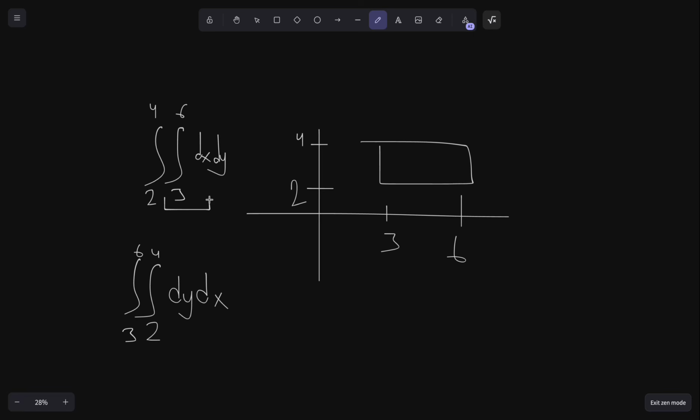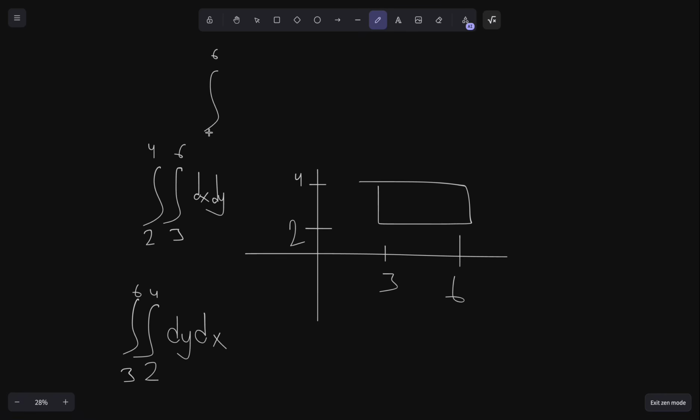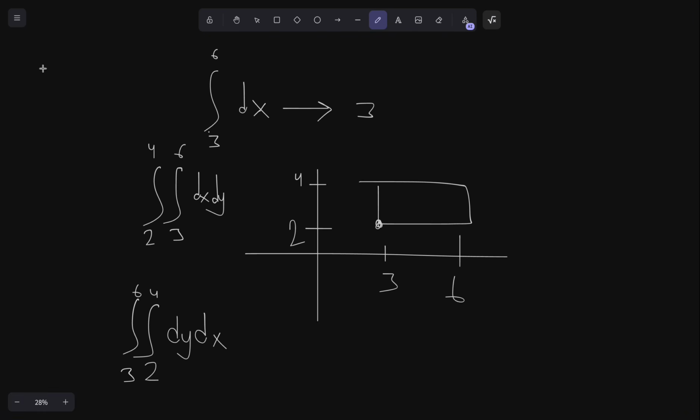Well, what does this inner integral represent? The integral from 3 to 6 of dx. When you evaluate this out, it's just going to become x, and then you evaluate it from 3 to 6. So this is going to give you a value of 3. And so that means that this is going to give you this distance right over here, this one-dimensional length.